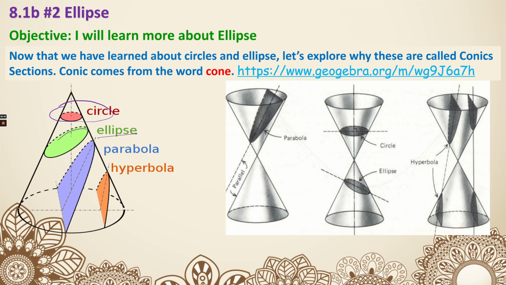If you tilt it more and just cut through one of the cones, when you have two of them on top of each other, like the pointy ends, they share that point. If you cut it parallel to the side line, you are going to get a parabola. And lastly, if you cut it perpendicular to the base, or if you just cut through both of them, two cones at the same time, you are going to get something called a hyperbola.